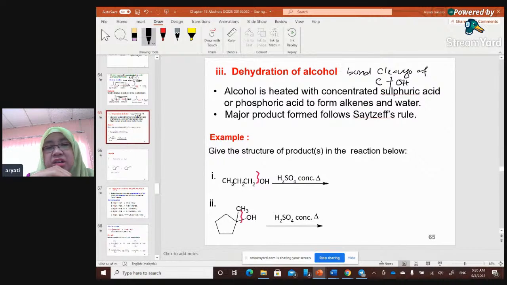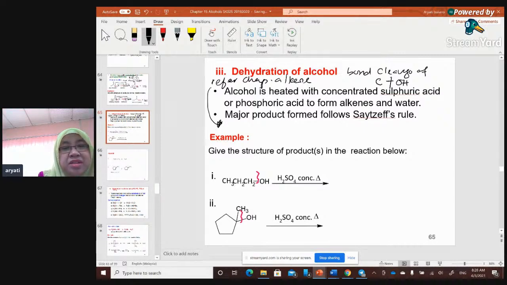So, dehydration of alcohol, actually this one is, you refer the chapter alkene. Refer chapter alkene dekat mana? Refer chapter alkene masa chapter synthesis of alkene. So, pembentukan alkene.